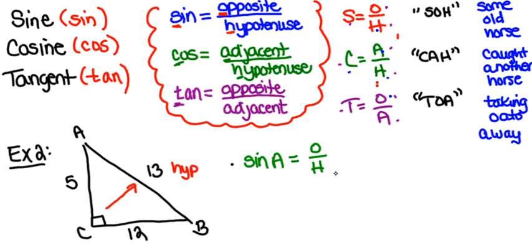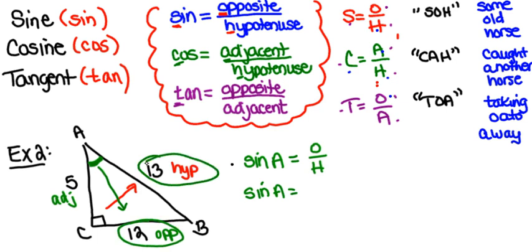If I go to the picture, there's angle A. The side that's opposite angle A is 12, which makes the adjacent side 5. But for sine of angle A, we want the opposite. So the opposite is 12 over the hypotenuse, 13. So the sine of angle A is going to be 12 over 13.